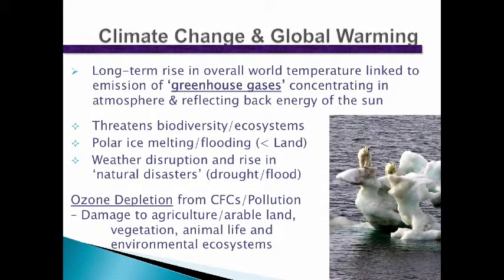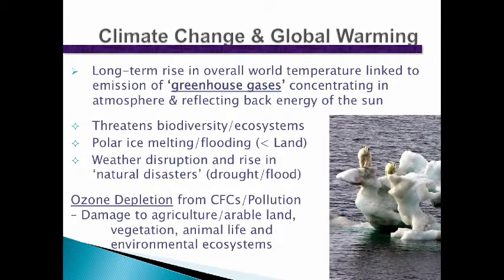More broadly, what we're seeing as a result of some of these practices around resources and industrialization is some of these long term global trends around climate change and global warming.